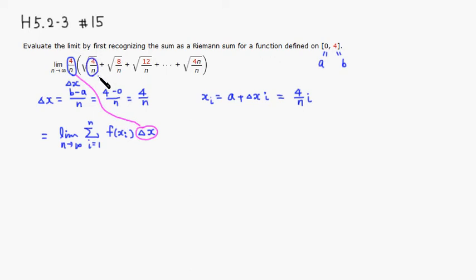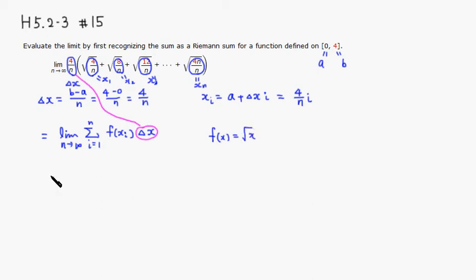So this is the same thing as x1, this is x2, and this is x3, and this one is actually xn. So the square root is the function, therefore f of x seems to be the square root of x.